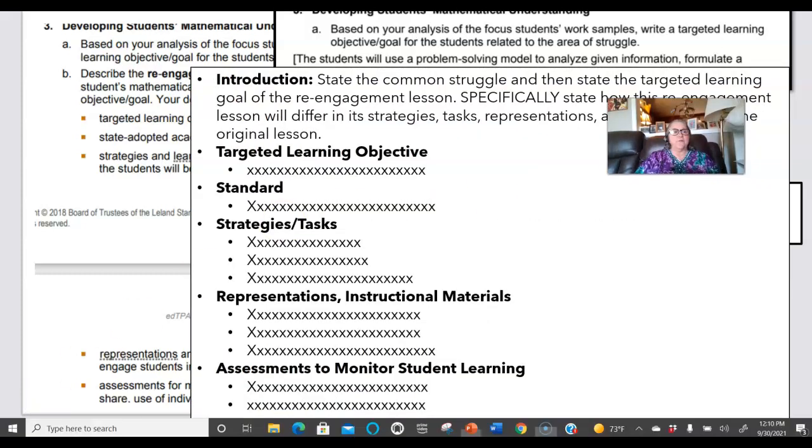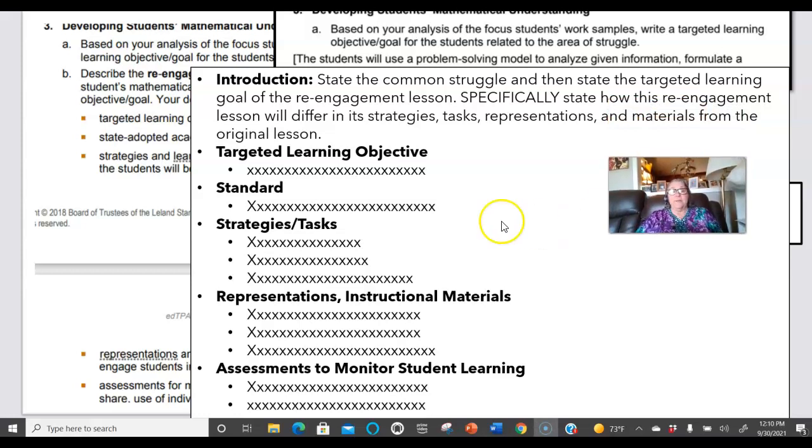So my suggestion for completing 3B is to start out with an introductory paragraph that states the common struggle that you found earlier in the task and then states the targeted learning goal of the re-engagement lesson, making that connection between the common struggle and the learning goal.